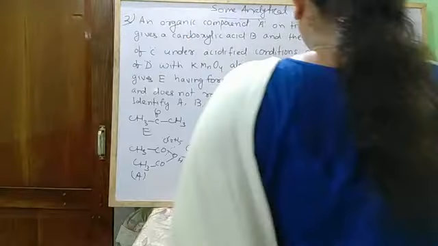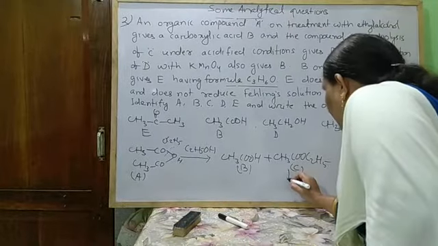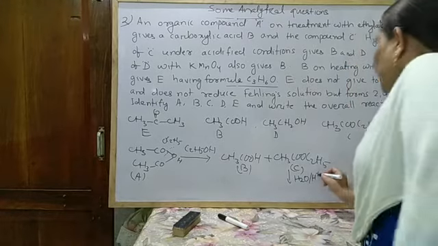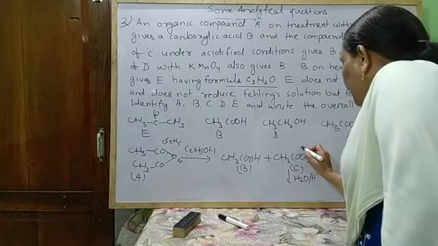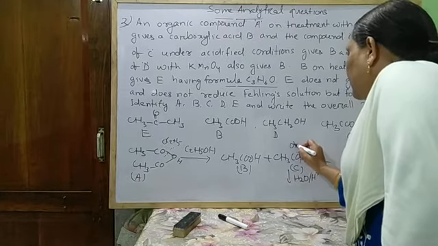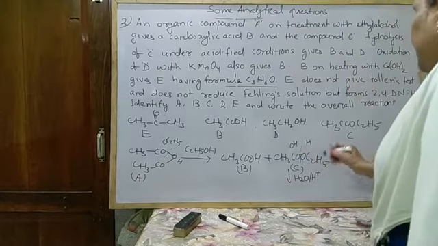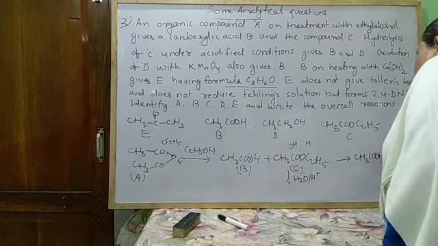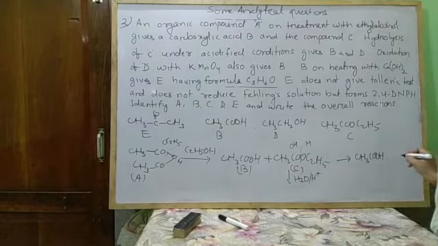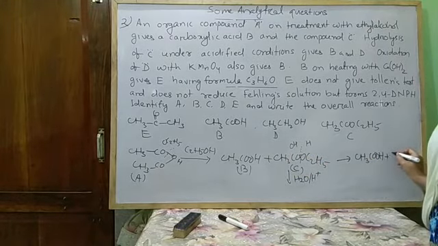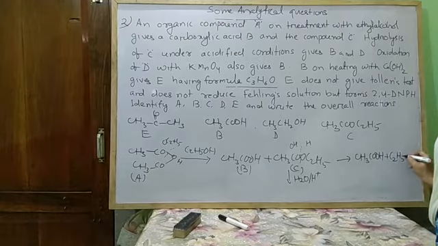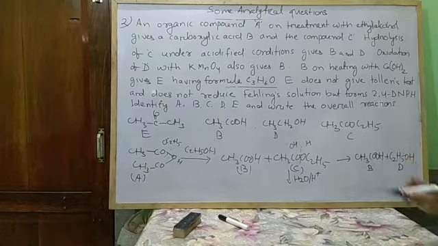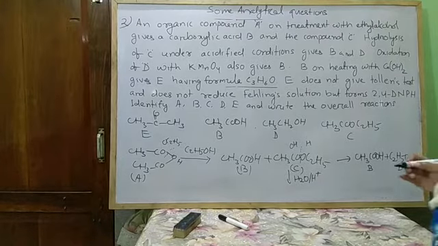Again, what happens? When this undergoes hydrolysis with H2O in presence of acid, it undergoes hydrolysis here, OH and H. So this gives again acid B and D. Again it gives B and D. D is ethyl alcohol.